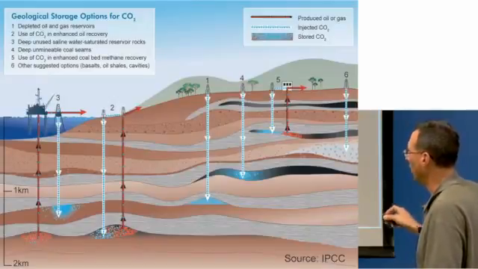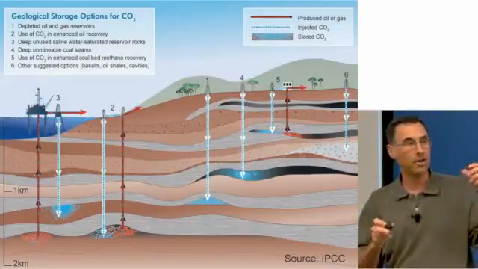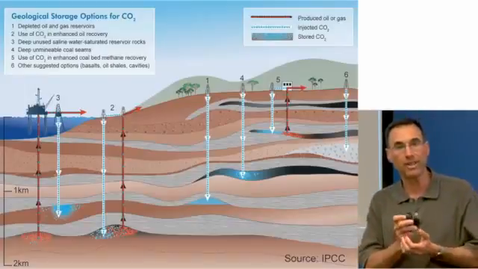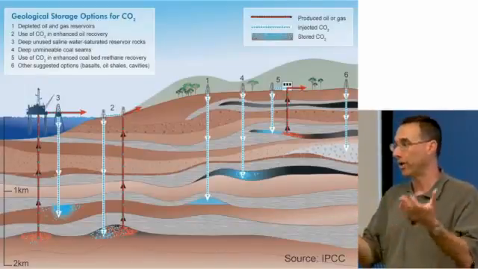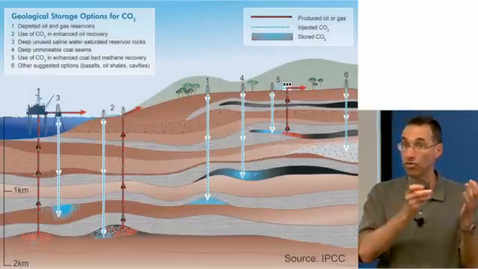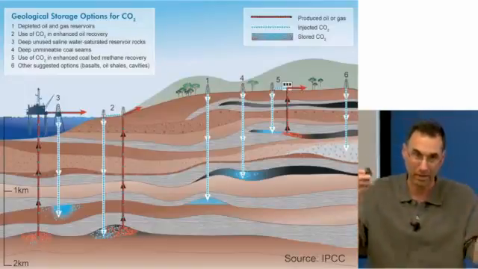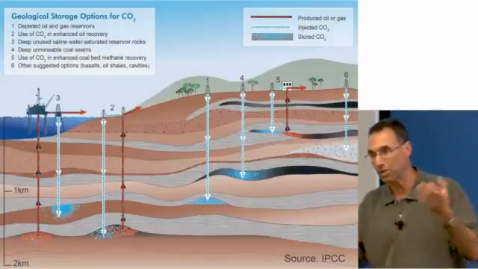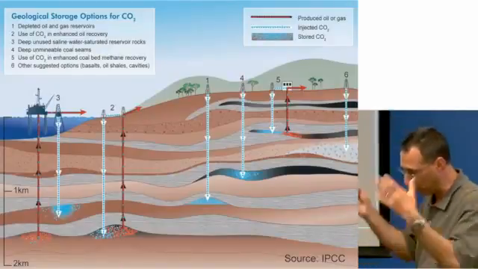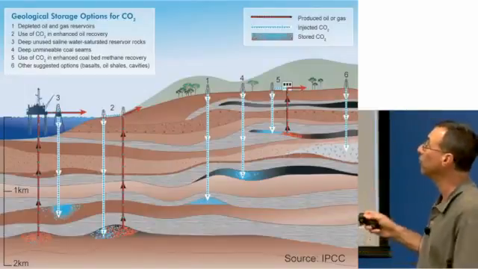This is a well, and that's supposed to be a trap. The attractive aspect of doing it that way is that a depleted oil and gas reservoir has demonstrated that it can store fluids over geologic time. So we expect that leakage probably won't be a problem there because oil and gas were stored in that formation over thousands, millions of years.